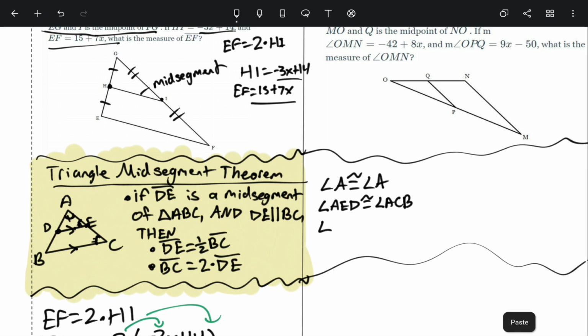And angle ADE is congruent with angle ABC. So that's another piece of information to keep in mind with the triangle mid-segment theorem. Okay?